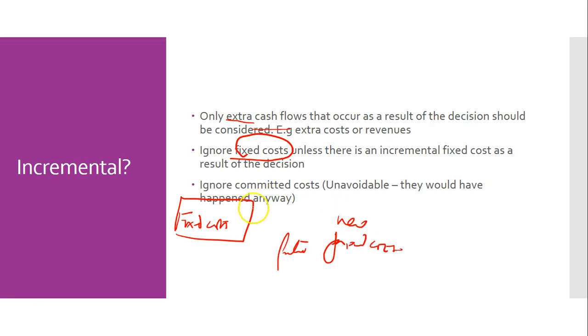So if you already had fixed costs from the past and you wish to make a decision, don't take those fixed costs into consideration. Ignore committed costs as they would have happened anyway. If you had already made some decisions in the past, those committed costs will not affect the way your new decisions are going to be made.